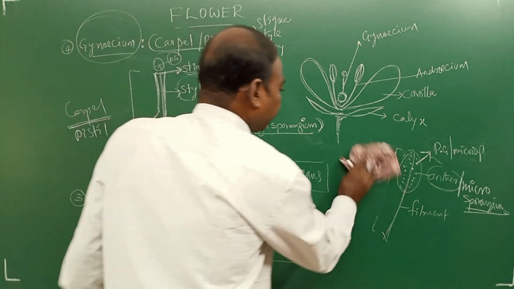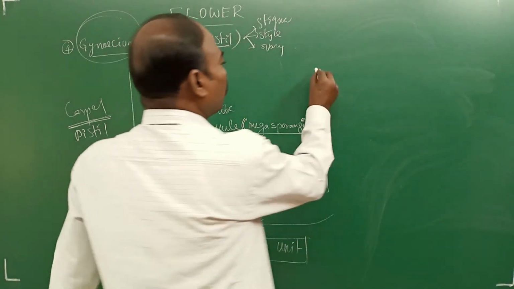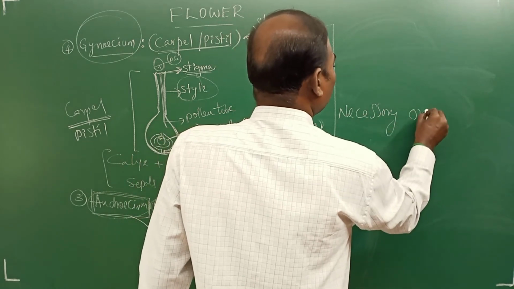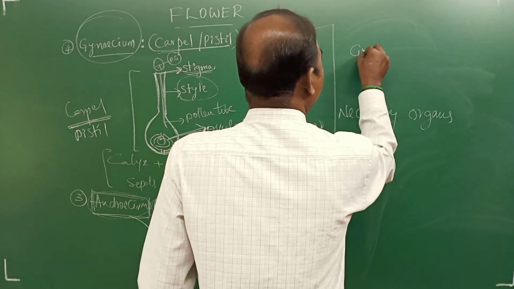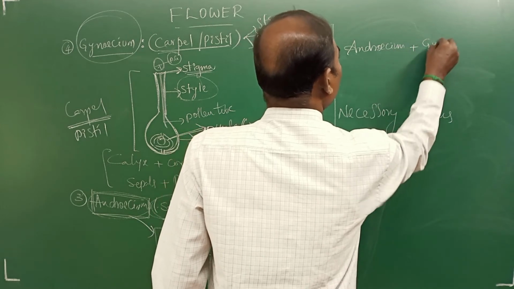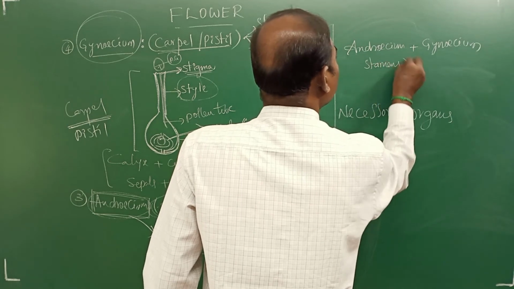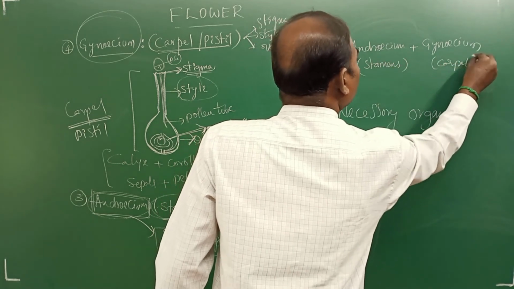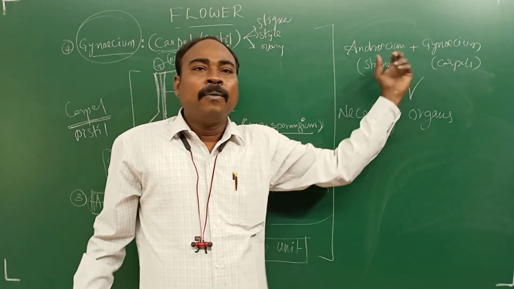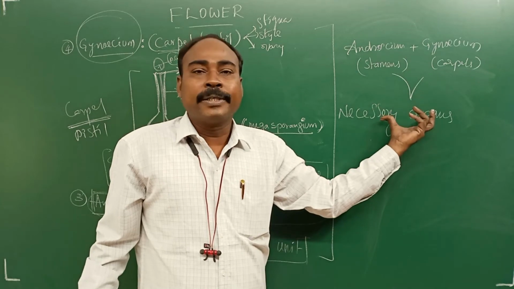The androecium and gynoecium in a flower, which produce stamens and carpels respectively, are the necessary organs for fertilization.